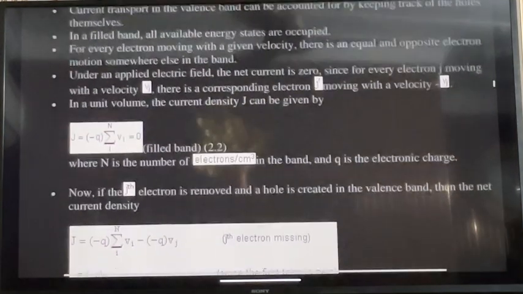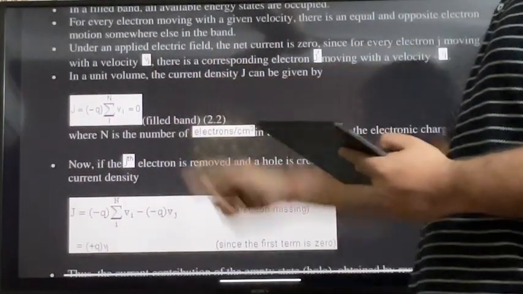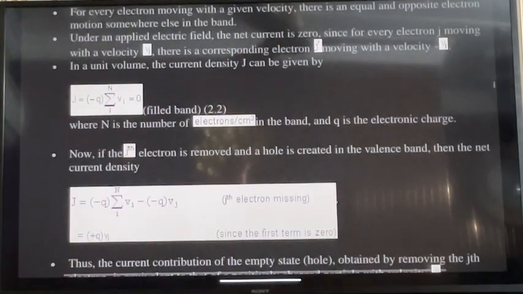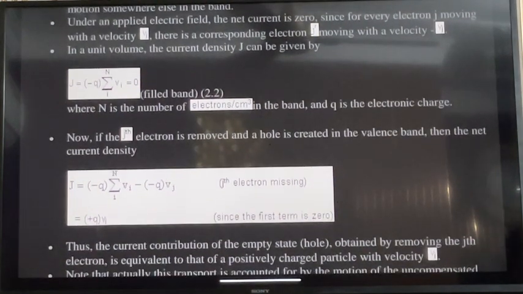Now, we saw that under no applied electric field, the net current density is zero. Now, if we consider a single hole, let's say we simply take out a single electron from the lattice and we look at the empty state in the valence band. Like I had discussed earlier, this empty state is switching, or basically moving, from one atom to the other continuously.